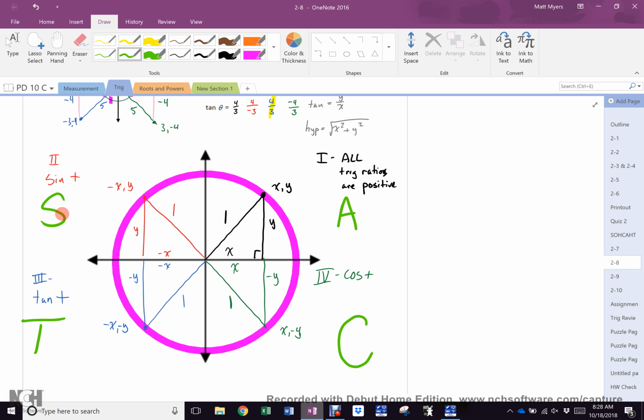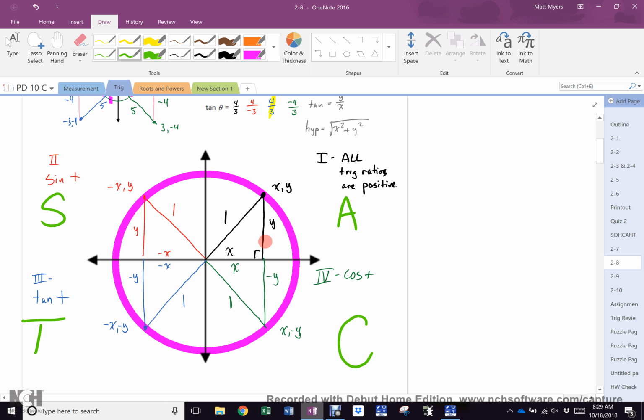Everybody can now use x's and y's as well as opposites and adjacents to do trig. Yes? Everyone sees why this is y over 1? Everyone is good? And everybody understands this part right here? That our hypotenuse is just our x value squared plus our y value squared.